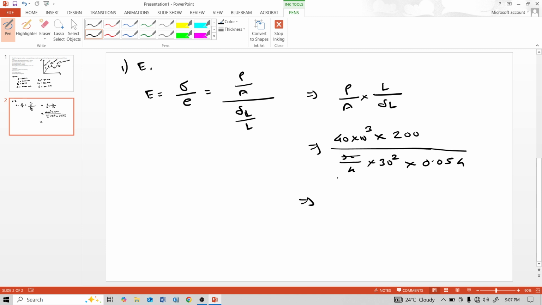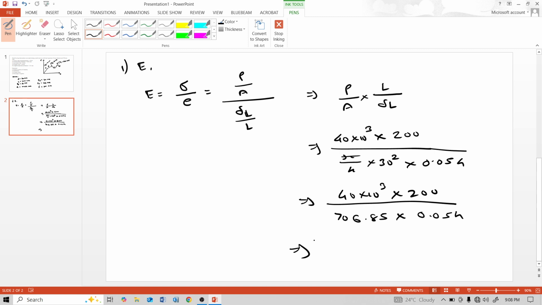Calculation: 40 into 10 raised to 3 multiplied by 200 divided by pi by 4 into 30 square, which is 706.85, multiplied by 0.054. This gives 209.58 into 10 raised to 3.